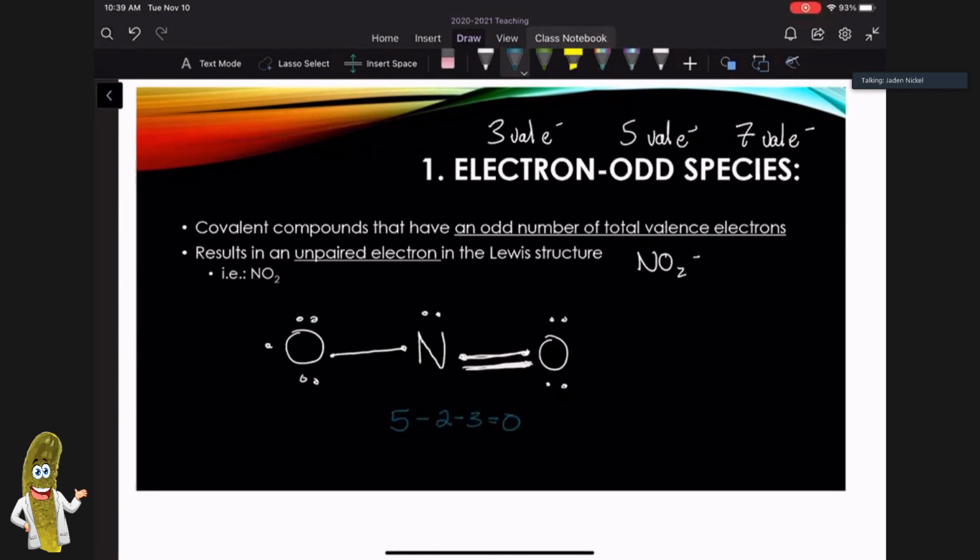So far it's looking promising. Oxygen has a valence number of 6, and we have 4 dots and 2 bonds, so we're looking at a 0 there as well. Things are looking good. So when we come over to the other oxygen here, we have 6 valence electrons.